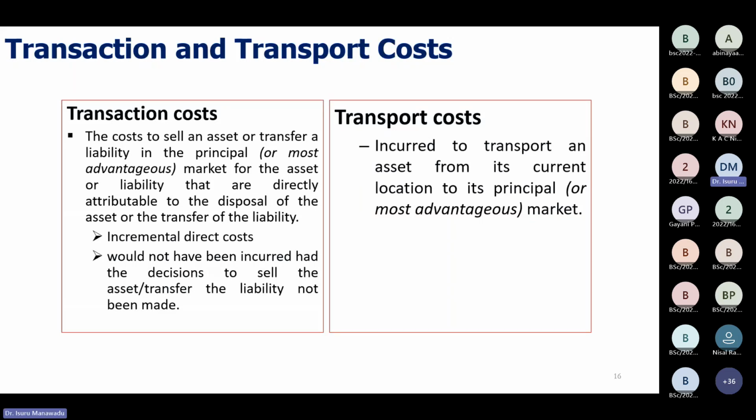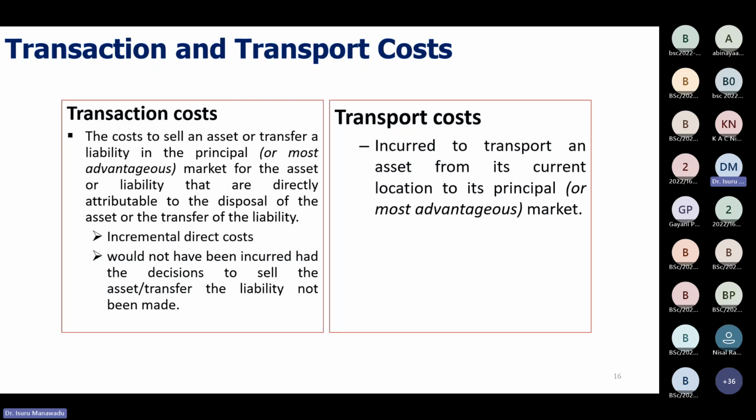If we are not doing that transaction, we can eliminate that cost. We are not going to incur that particular cost, right? That's the transaction cost.